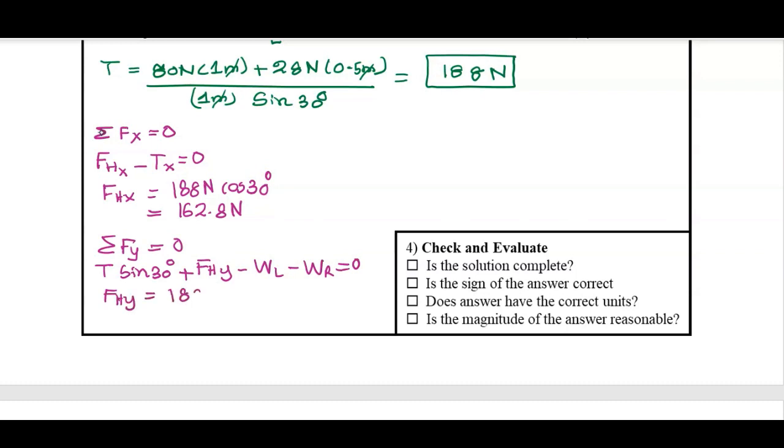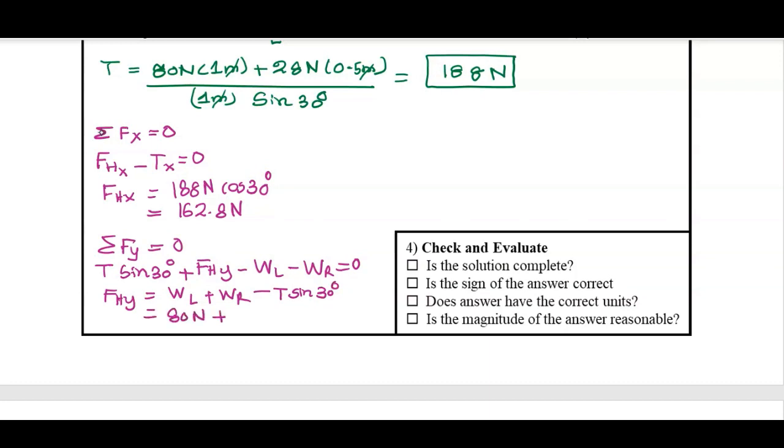So let's see. 188 newtons is the tension, that is the weight of the load plus weight of the rod minus T sine 30 is equal to the y component of the hinge force.